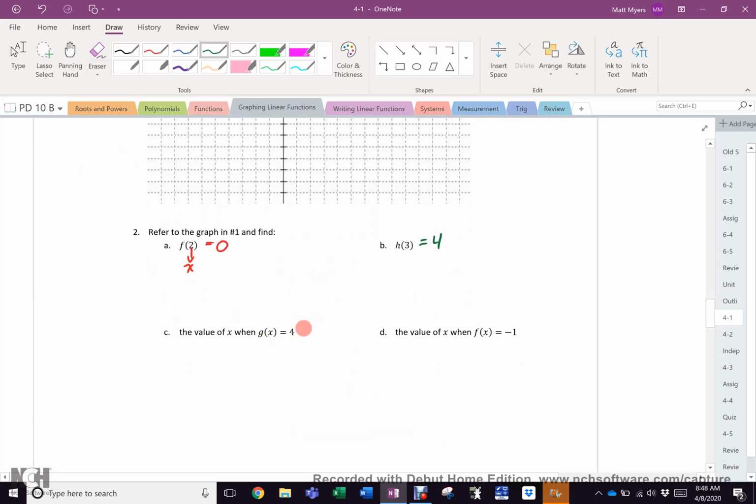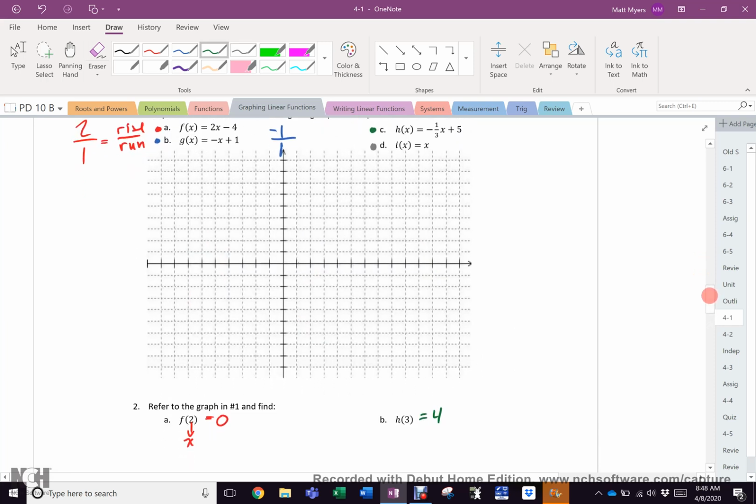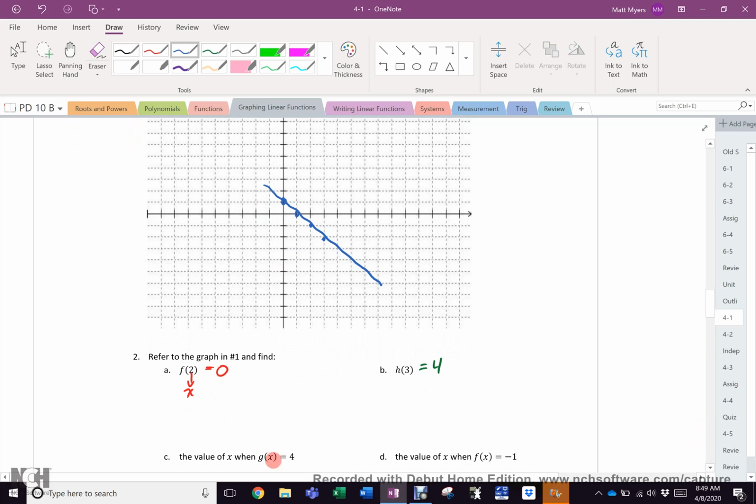I want g of x, so that is my blue line, which was +1 with a slope of -1, so it went this way. And this is tricky, because now I know the y value is +4.